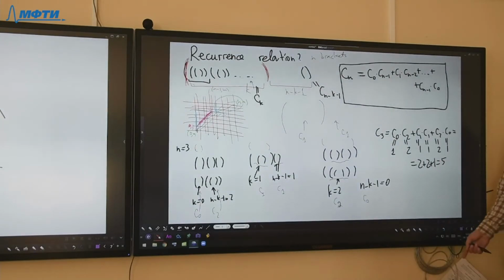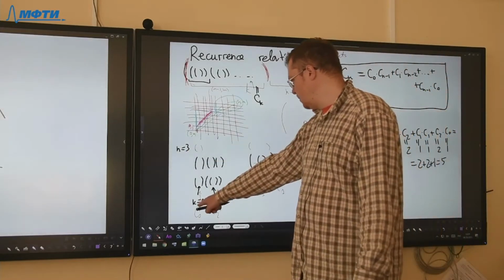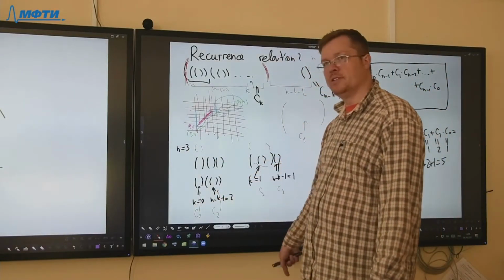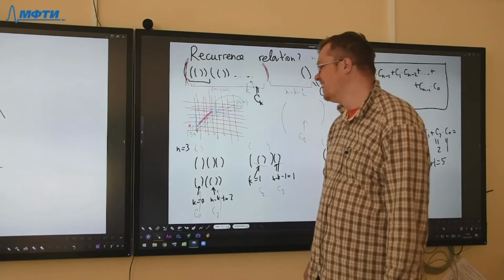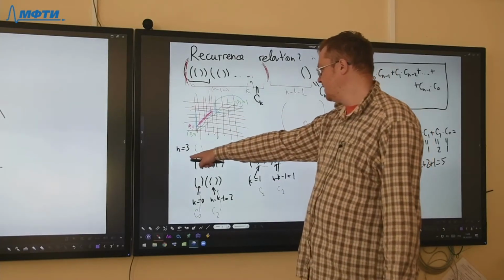What are n and k? So we have n equal to 3 and k equal to 0, so n minus k minus 1 is 2.